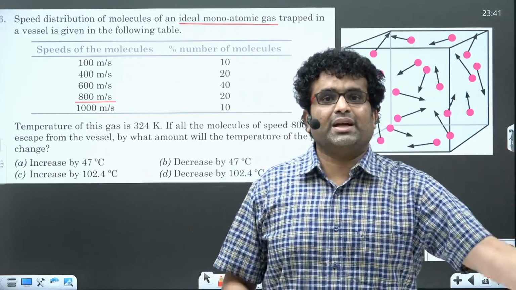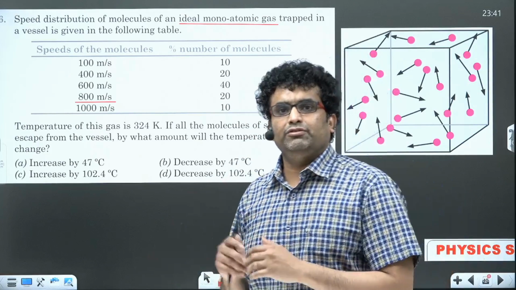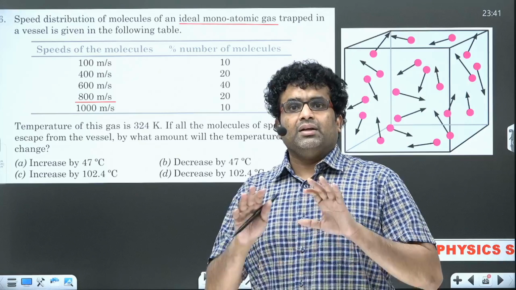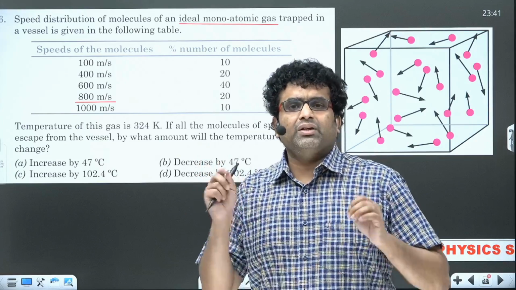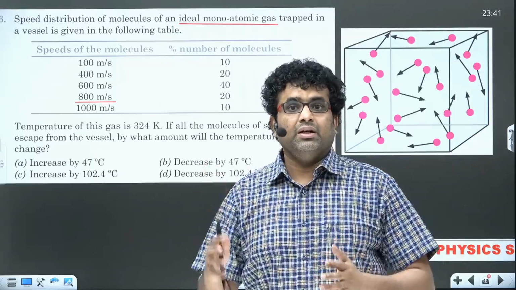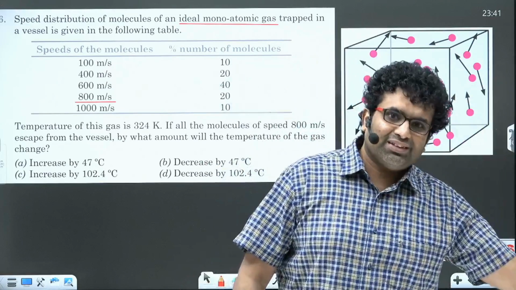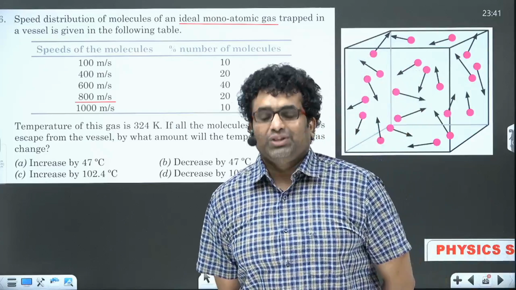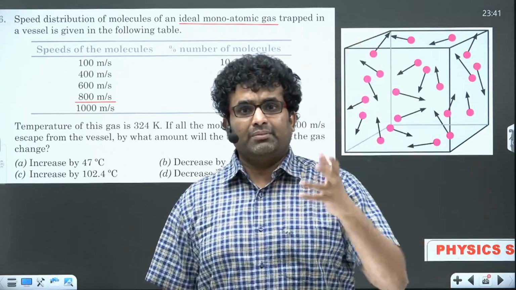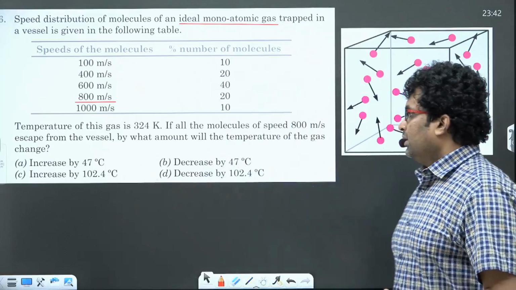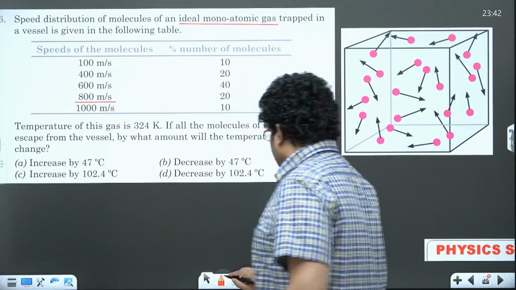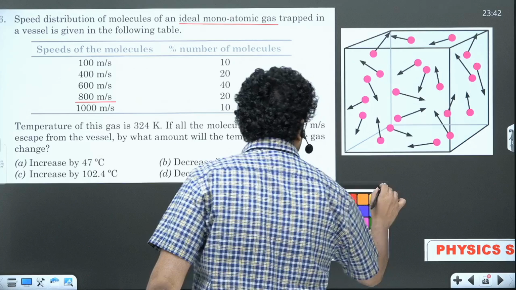Even if it is not a Maxwellian distribution, your root 3 RT by M formula is going to be correct, assuming all the postulates of KTG, that all directions are equivalent and so on. You cannot use the V average formula that we derived later after the Maxwellian distribution was done, root 8 RT by pi M. We cannot use that here. Let me note that particular point here.